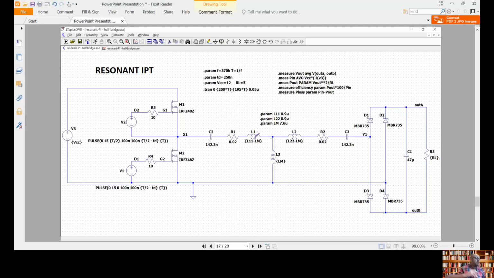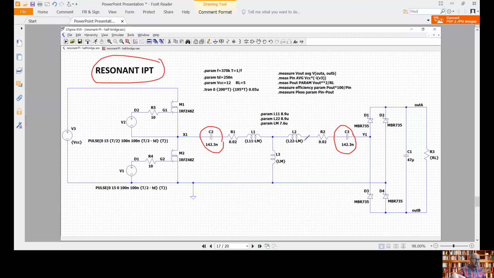So this is a comparison with a resonant IPT system. What happens if we use, instead of a non-resonant circuit, a resonant system? In this case we're including these two capacitances here, and these two capacitances are calculated in order to resonate with the series inductances.